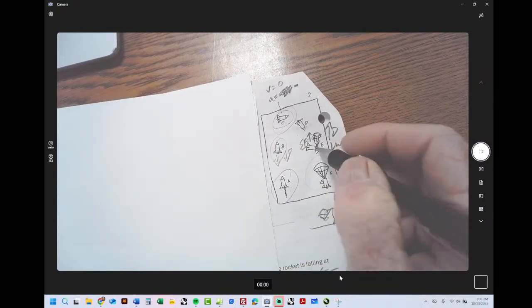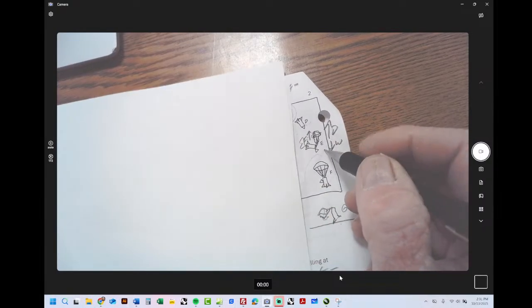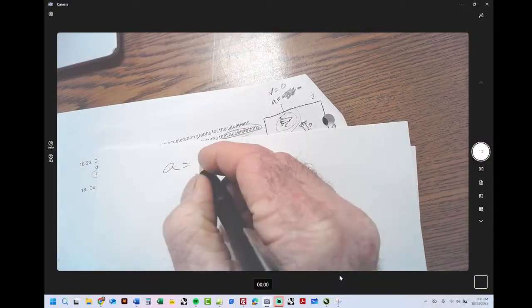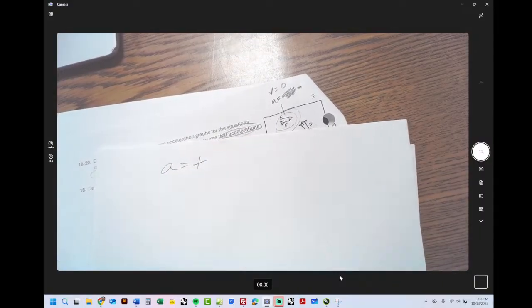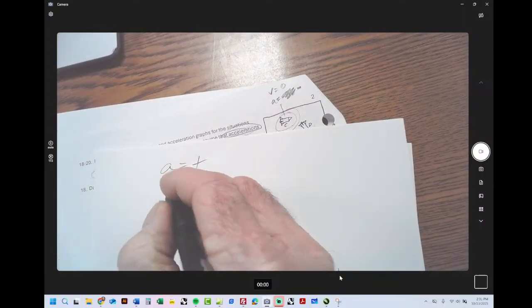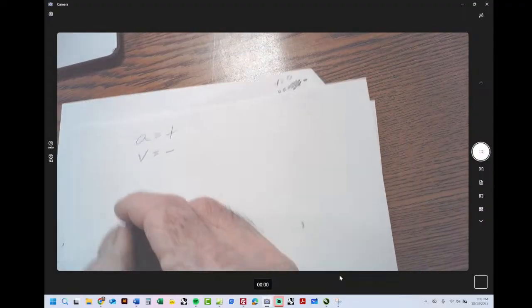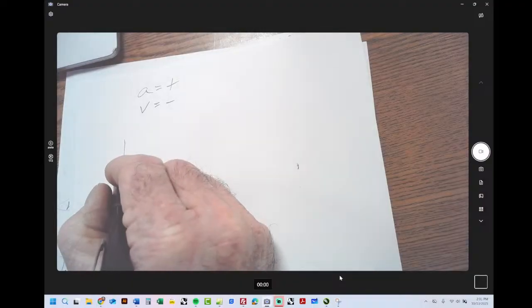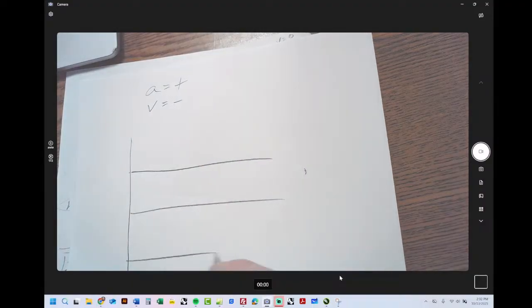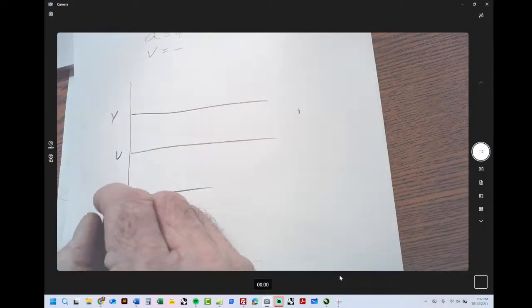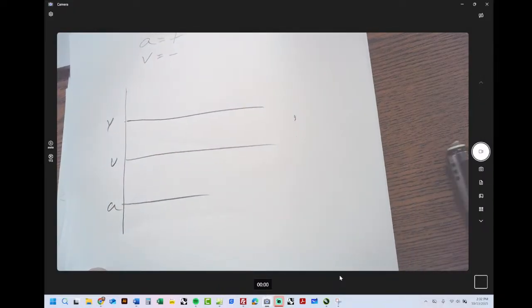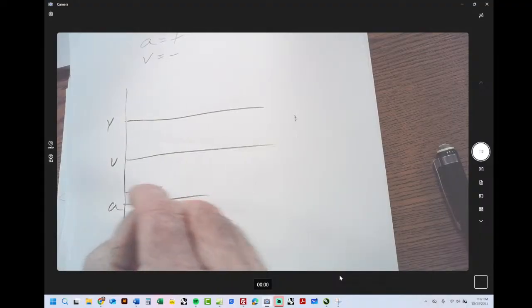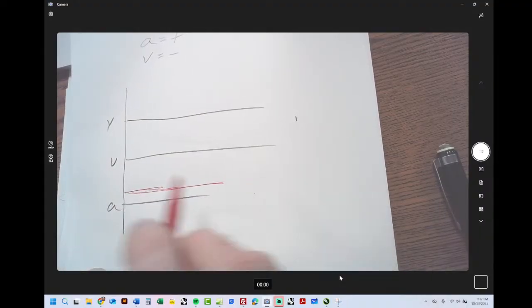So if it's falling down and getting slower, then the acceleration is positive. The acceleration is upward and it's going downward, so the velocity is negative. So what would that look like in terms of the three graphs? Y position, velocity, acceleration.